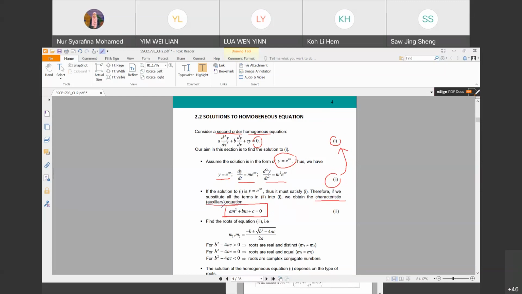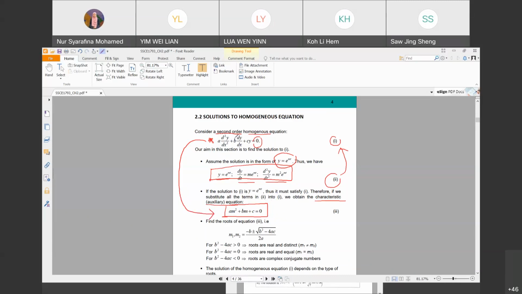So by assuming the solution y equals e^(mt), this second order differential equation is changed to the characteristic equation am squared plus bm plus c.